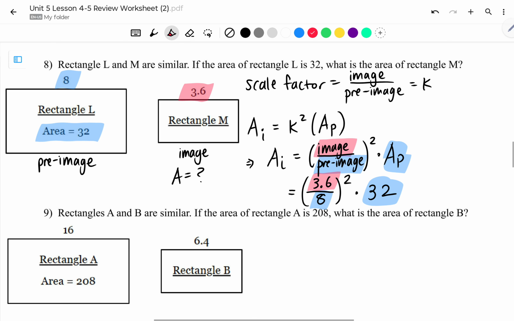Okay. And then, I'm just going to plug all of this in the calculator. 3.6 divided by 8 squared times 32.